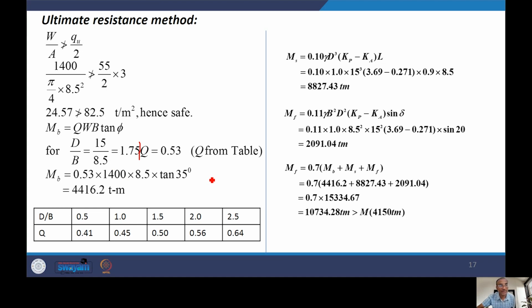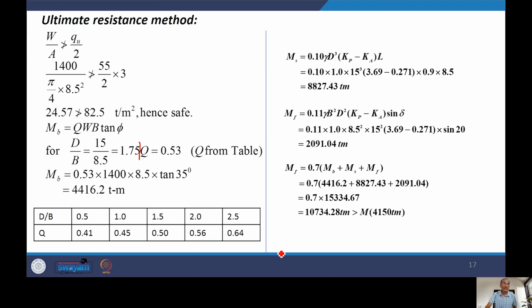So once you have this d by b ratio, you can calculate the value of Q. Because you have this number 0.53, it will be in between 1.5 and 1.2. So you get this Q equal to 0.53 for this value of d by b of 1.75. It will be the average of this.